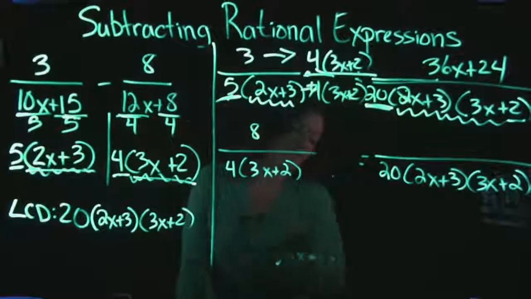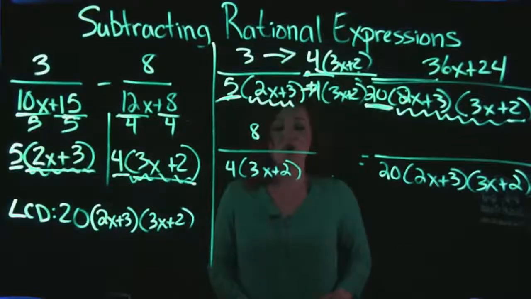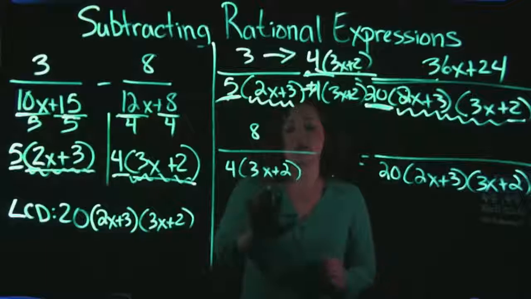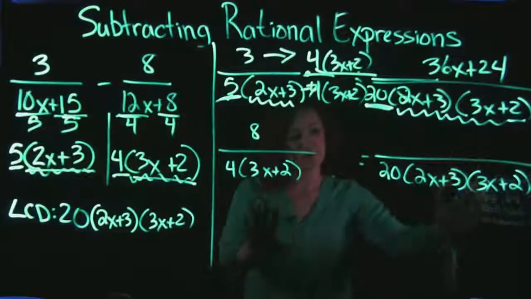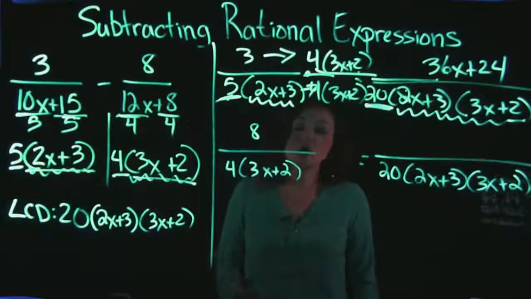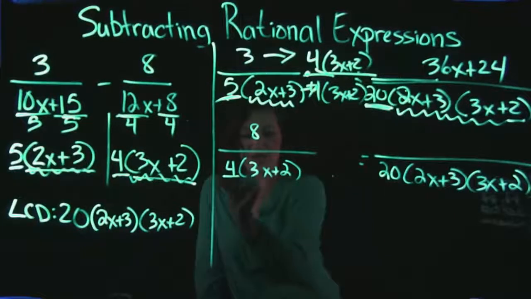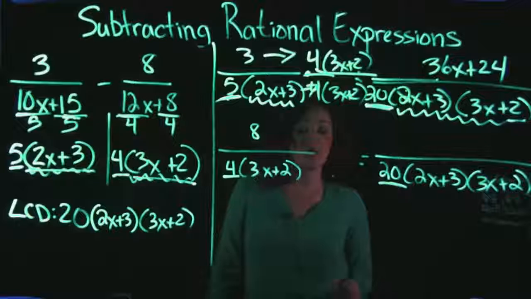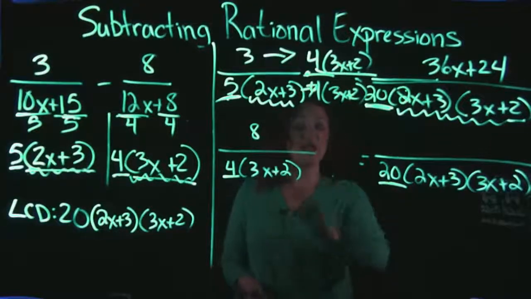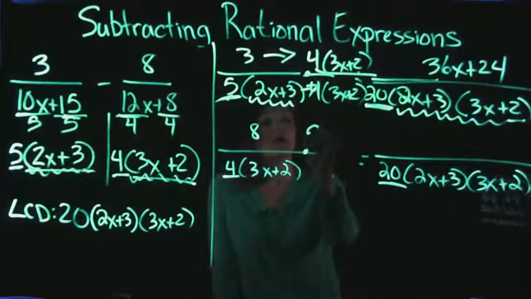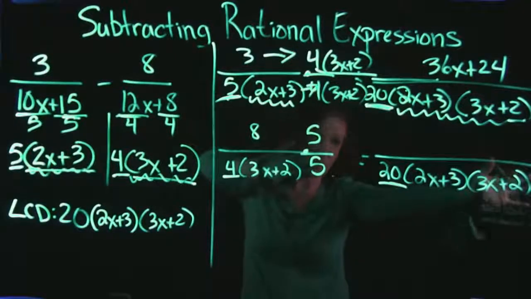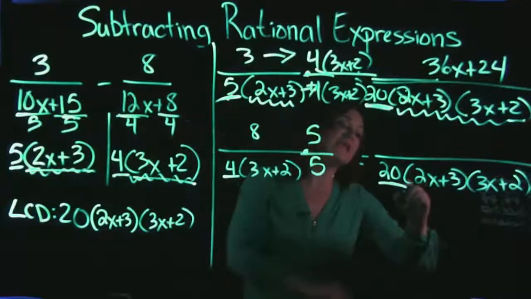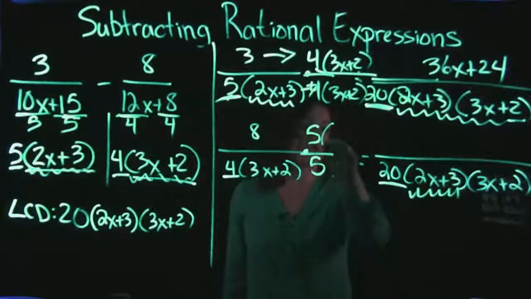And we need to do the same exact thing for our denominator. We have a 4 and a 3x plus 2, but we need it to be 20 times 2x plus 3 times 3x plus 2. Starting with our numbers, we have a 4, we need it to be a 20. So 4 times a 5 would give us a 20. So that would be the first thing that we tack on. We're going to multiply by a 5 over a 5. Now we have the 3x plus 2, we need the 2x plus 3.